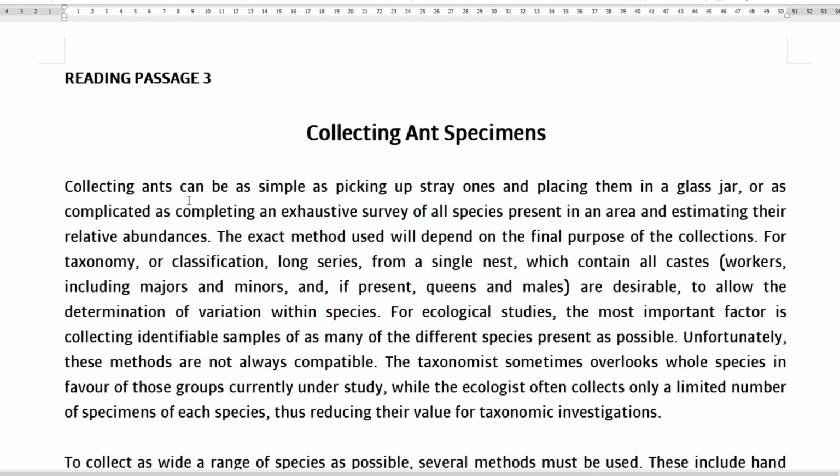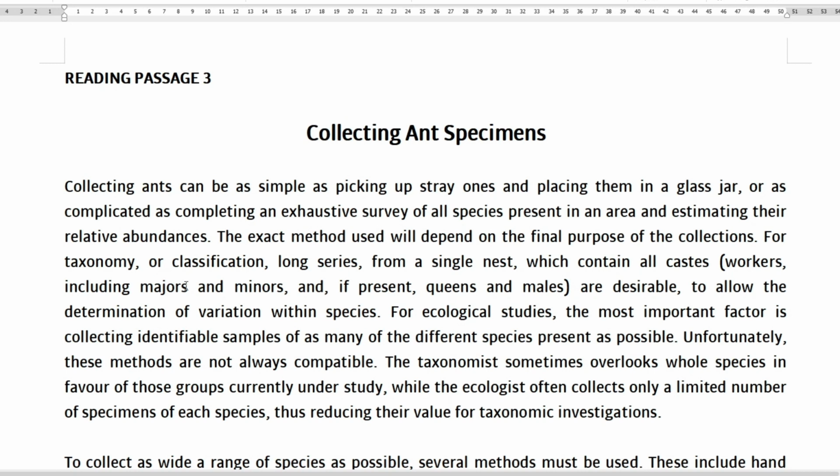All right. So collecting ants can be as simple as picking up stray ones and placing them in a single jar, or as complicated as completing an exhaustive survey of all species present in an area and estimating their relative abundances. Abundances means a large quantity that is more than enough. The exact method used will depend on the final purpose of the collections.